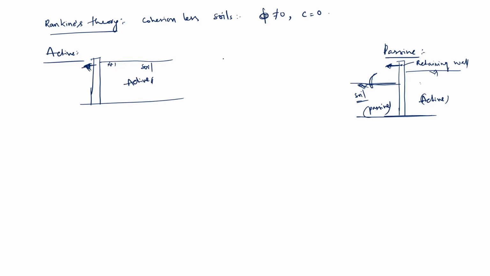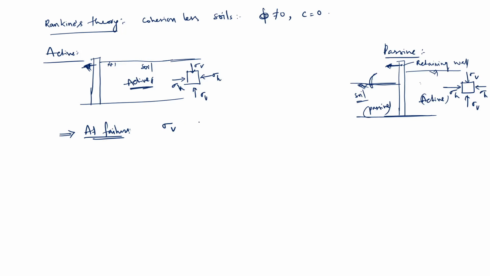Now see, in this active state, if you take an element, sigma H, sigma V. Here also, if you take any element, sigma V and sigma H. In the active condition at failure, sigma V is greater than sigma H, because the retaining wall is moving away from the soil.